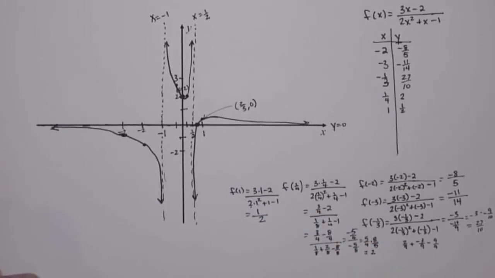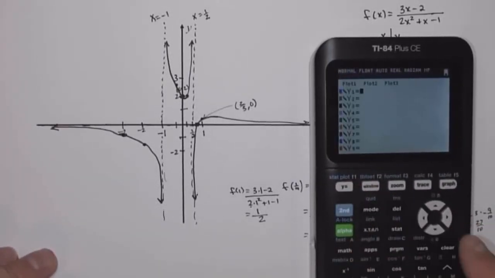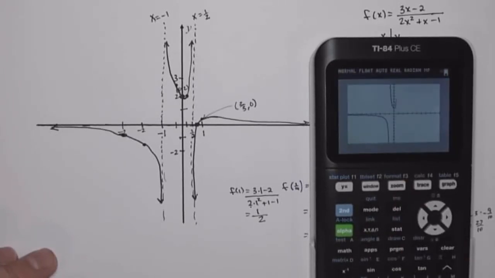Now, if I bring in my calculator, just to kind of verify this, I can enter parentheses 3x minus 2, close parentheses, divided by, my denominator is 2x squared plus x minus 1. And if I zoom 6, see if I get a decent looking graph, and we do.